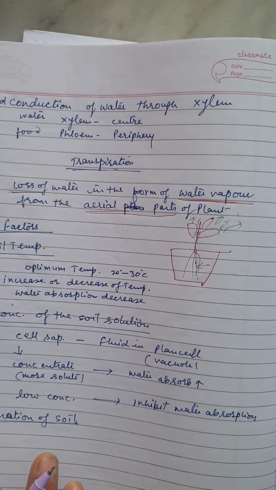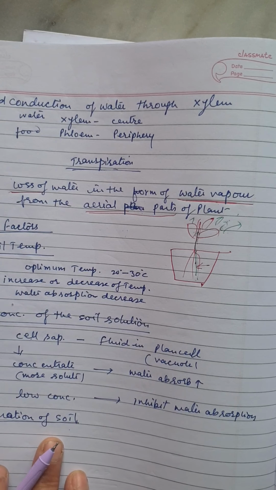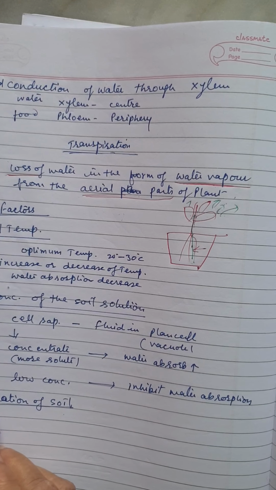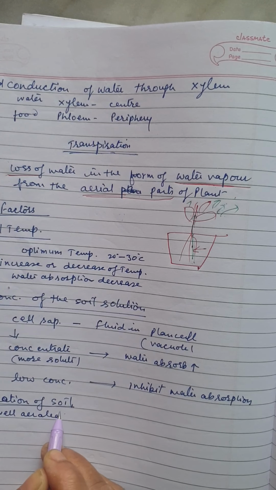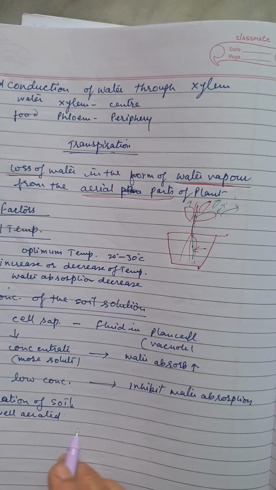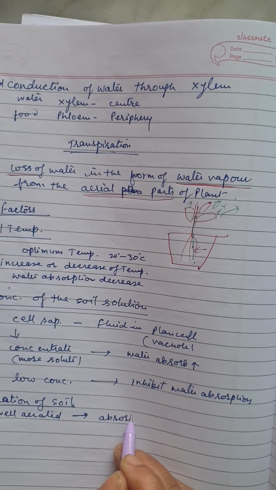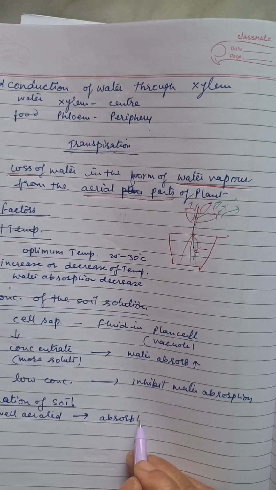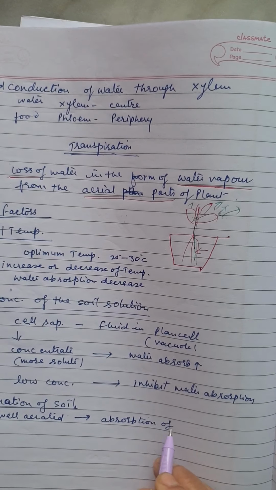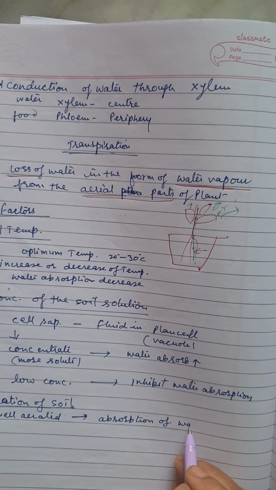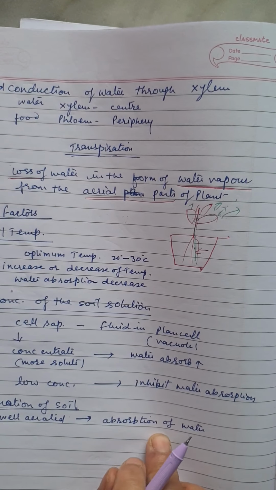So if the soil is well aerated, with more air in the soil, the absorption of water from the soil is more.